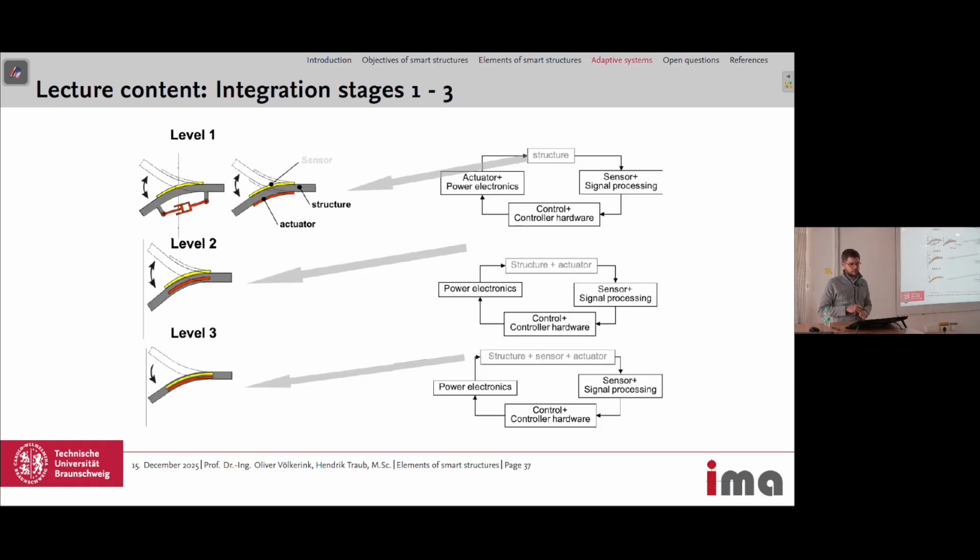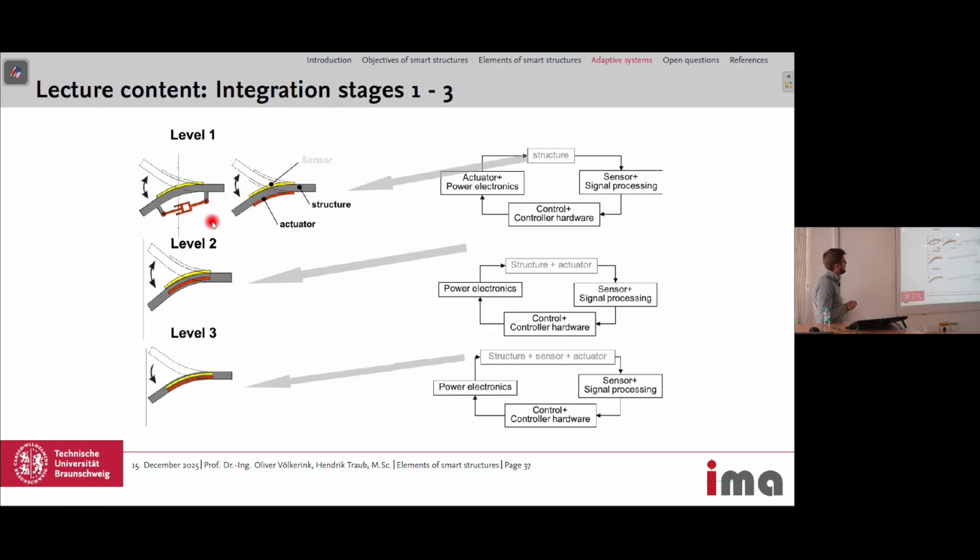So then one learning objective was to distinguish different integration stages. We can distinguish in total 6 integration stages. Level 1 is actuator or sensor integrated or applied to the load-bearing structure, and the other part is an external component, like in mechatronics.